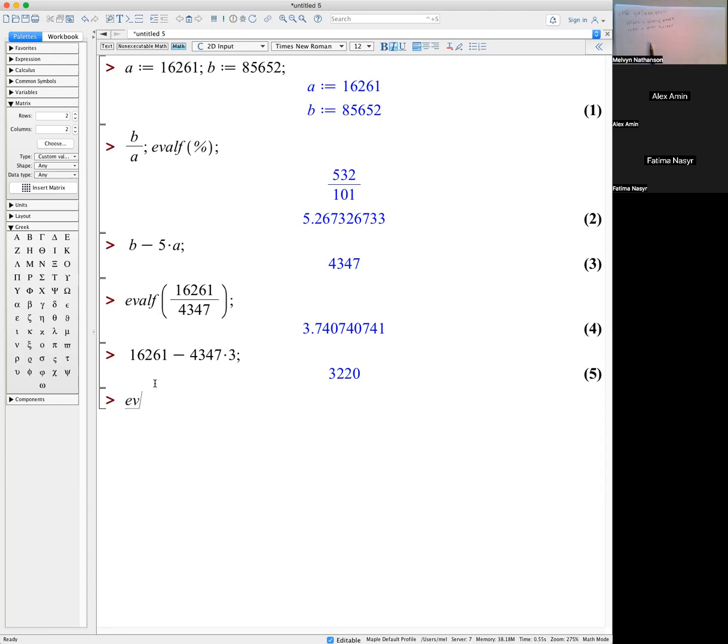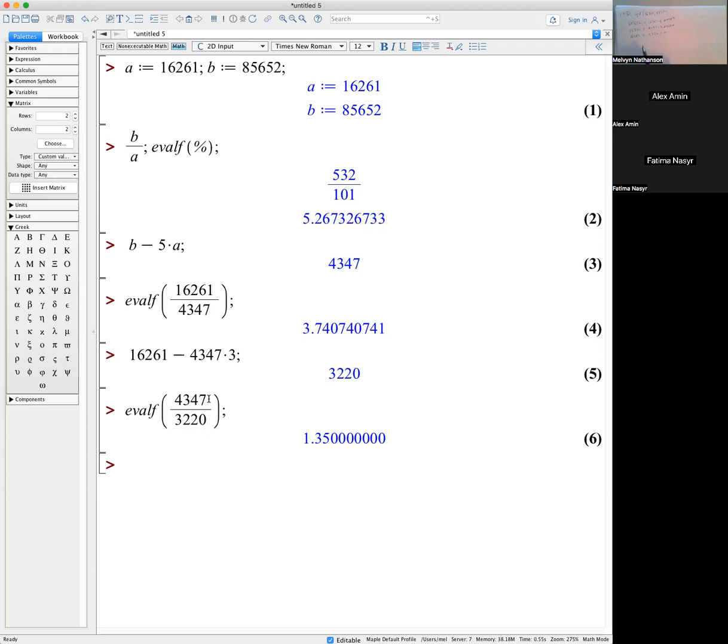Then I take 4347 divided by 3220, that's 1.35. So 4347 is 3220 times 1 plus the remainder.